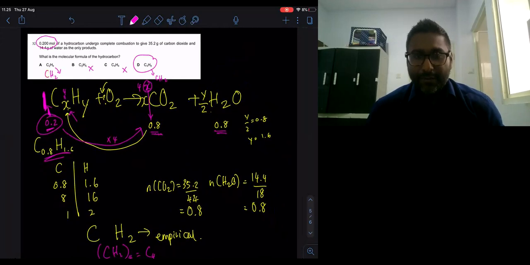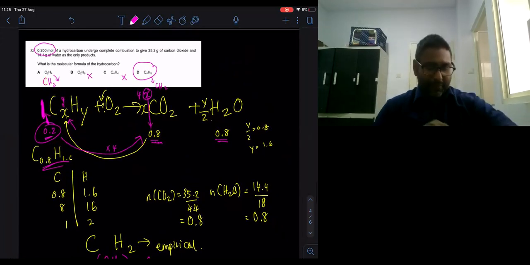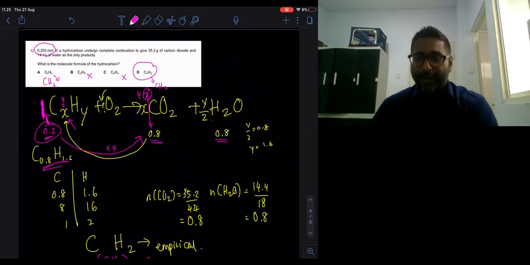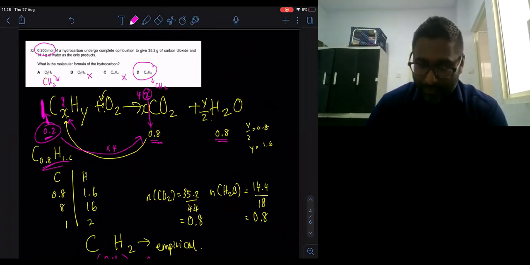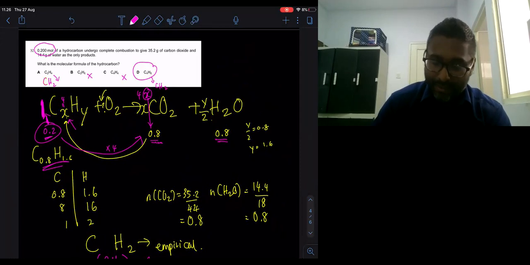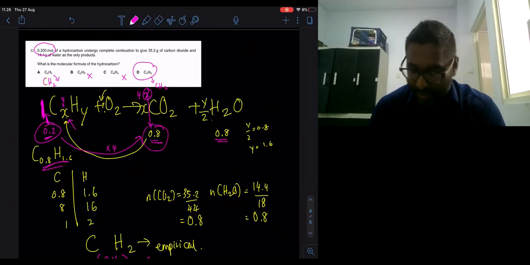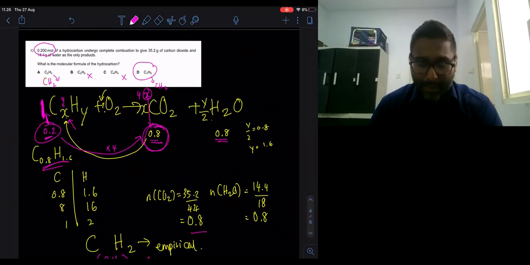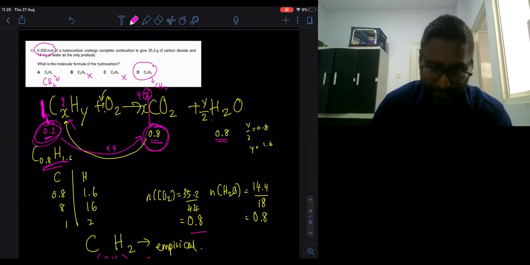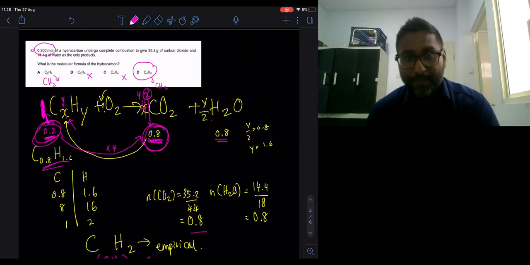I'll let you guys see a bit of the working. Please digest this. The thing that I want you to see over here is that we have calculated 0.8, and we know that this is 0.2. So if this is 1, in order to get 0.8, this value must be 4.